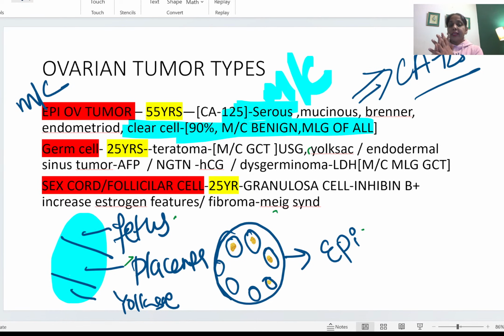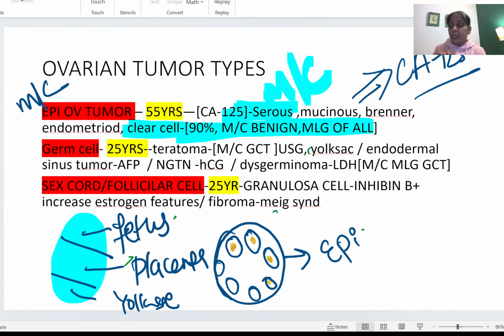Okay, another tumor is yolk sac tumor. Another name of the yolk sac tumor is endodermal sinus tumor. Okay, endodermal sinus tumor. You all know that yolk sac is a source of nutrition. The tumor marker of the yolk sac tumor is alpha fetoprotein.